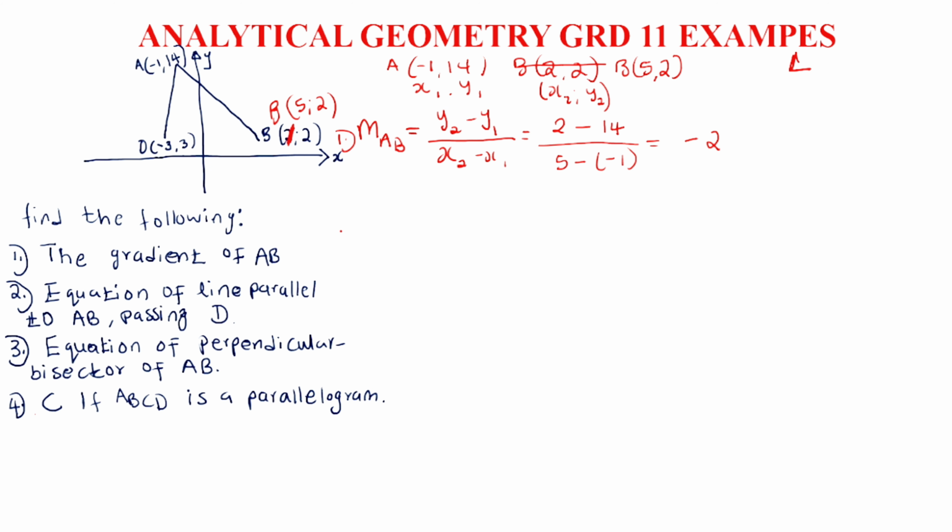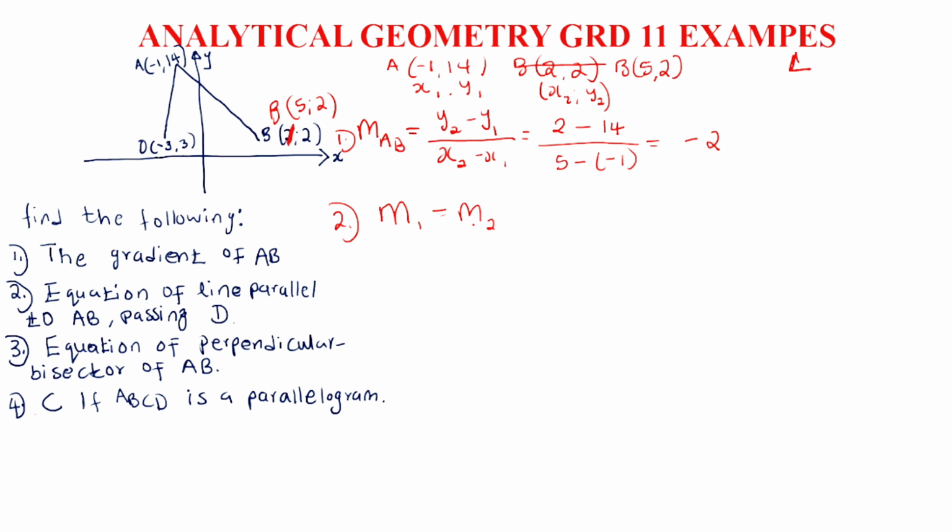Now let's come to number 2. Number 2 says find the equation of a line parallel to AB passing through D. When it comes to equations of a straight line, when we hear parallel, we know that parallel lines means that the gradient of the first line is equal to the gradient of the second line.